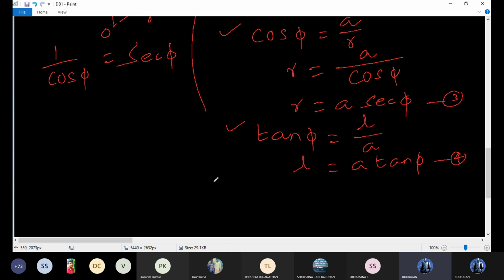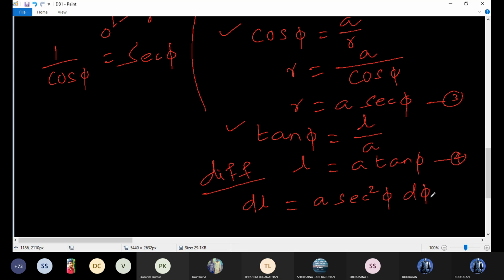So dL, you know. Now we are using the differentiation, because I need only the value of dL. So dL equals A tan phi; you will get A secant square phi d phi.